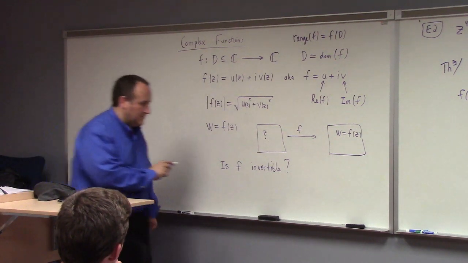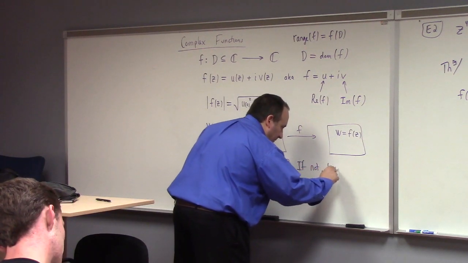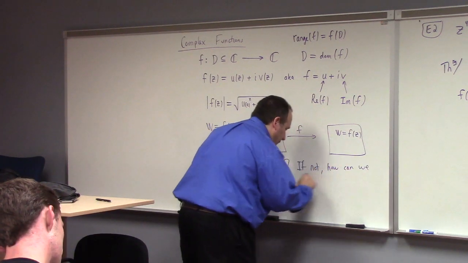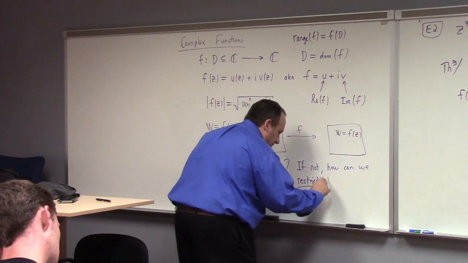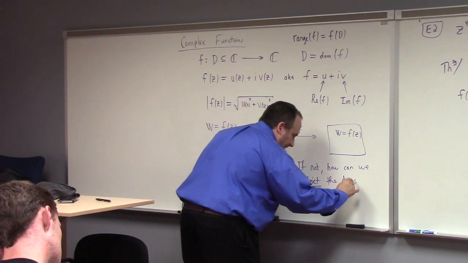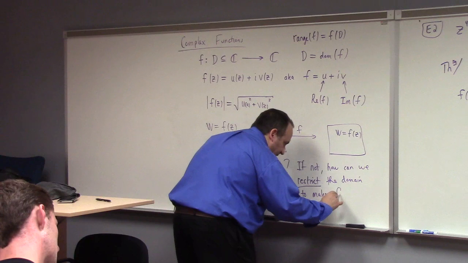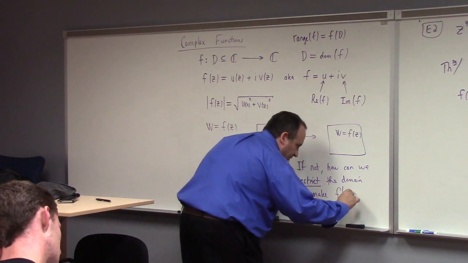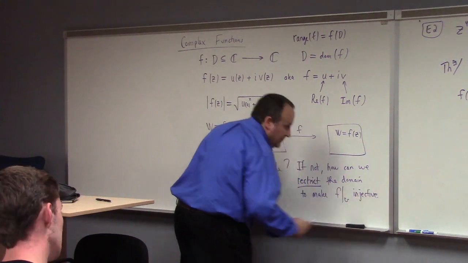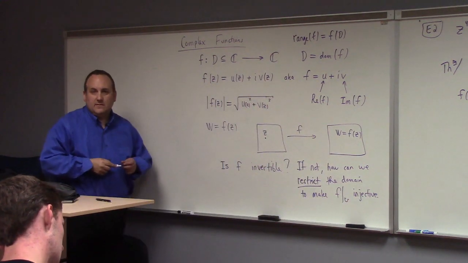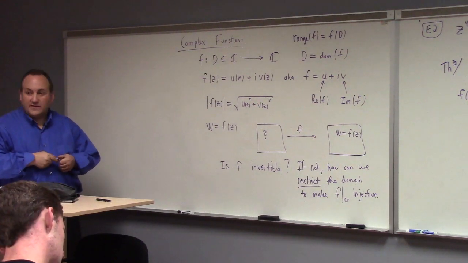If not, how can we restrict the domain to U to make f restricted to U injective? Now, injective is just another word for one-to-one. That's the necessary and sufficient condition to make the function invertible. The restriction, rather.